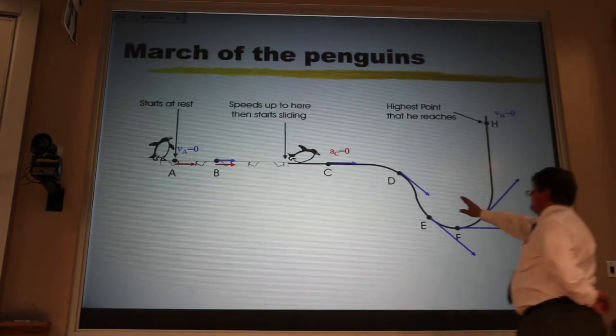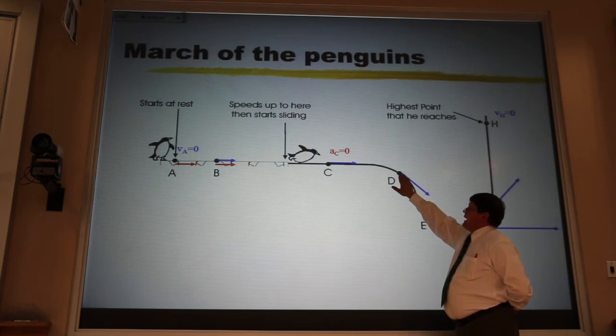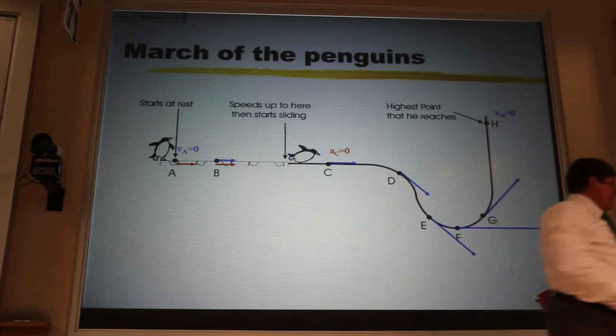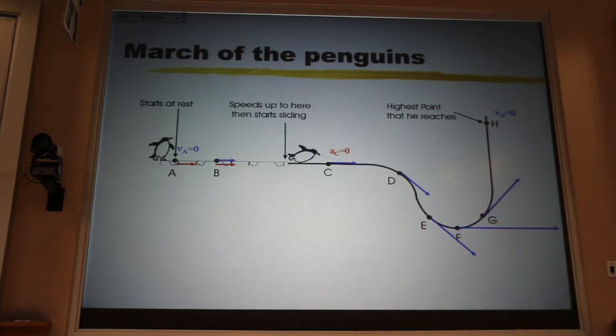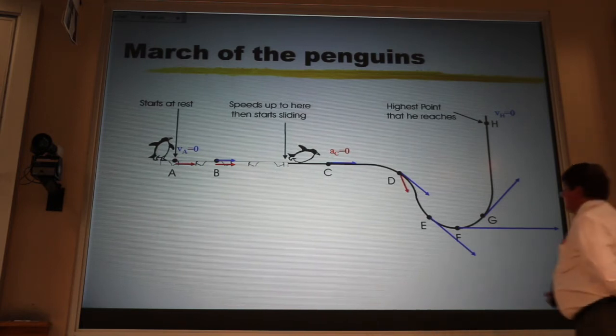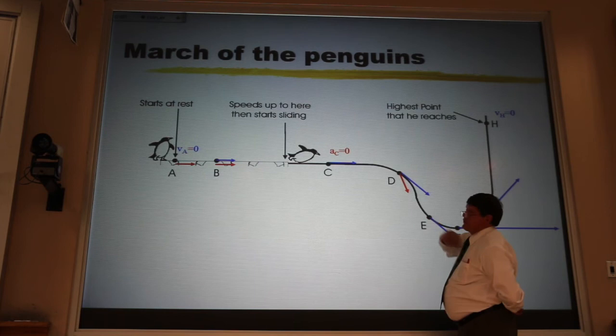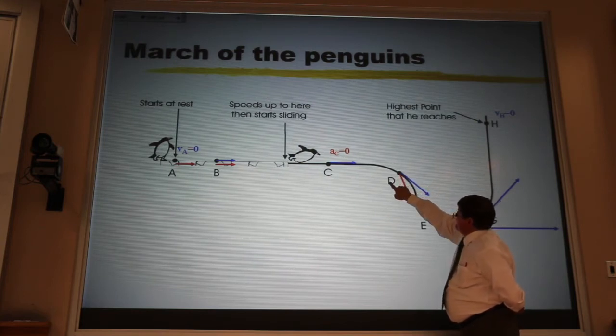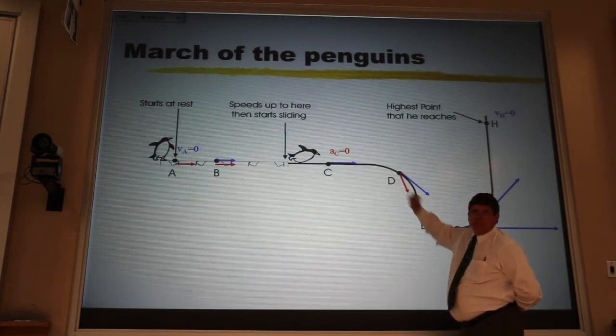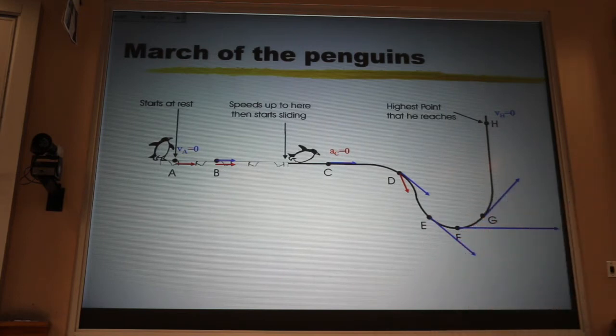At D, the penguin is speeding up and turning right. And that means I need an angle between acceleration and velocity less than 90 and towards the inside of the curvature. You can see that this vector is partially along, that would be the speeding up, and partially perpendicular, that would be the turning right. Okay?